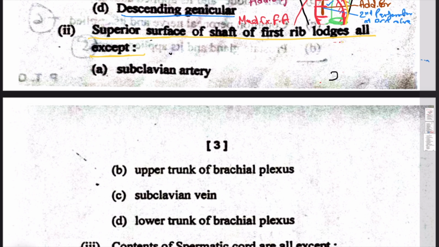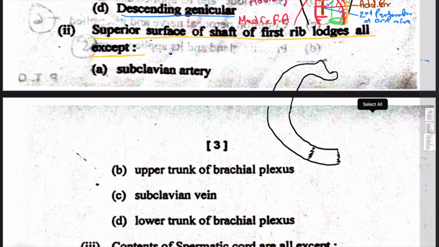For those who don't know, let's see. This is the first rib. This is how the first rib is. This is the cartilaginous portion, and here it is the sternum. By the way, this joint is the chondrosternal joint.